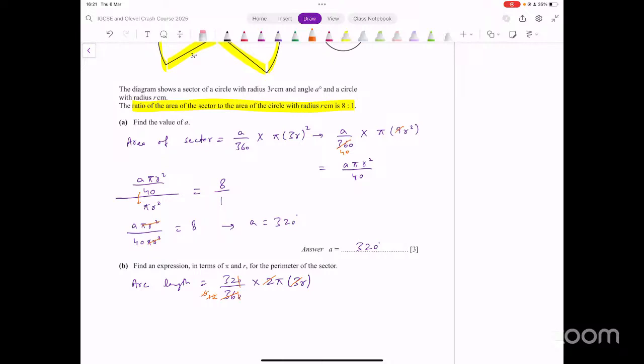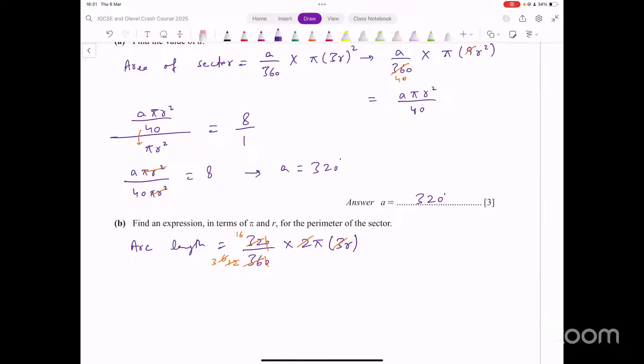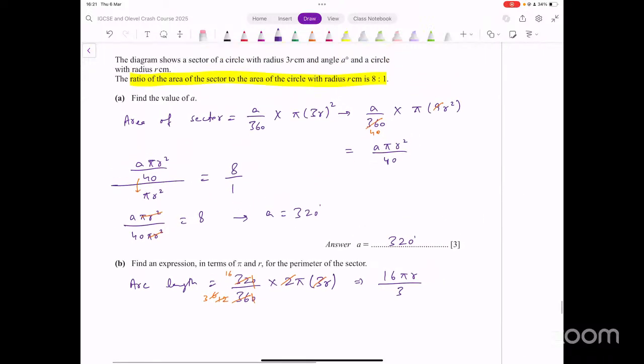And then 6 and 32, that leaves me with 3 and 16. So I have 16 in the numerator and 3 in the denominator. So this simplifies to 16 pi r divided by 3. That's the arc length.